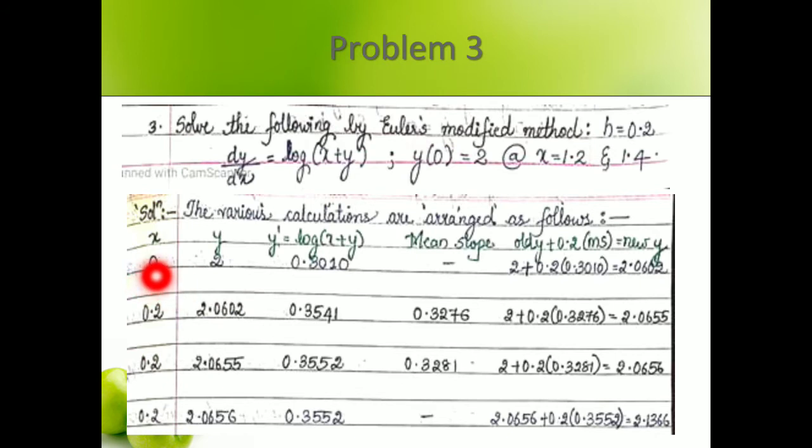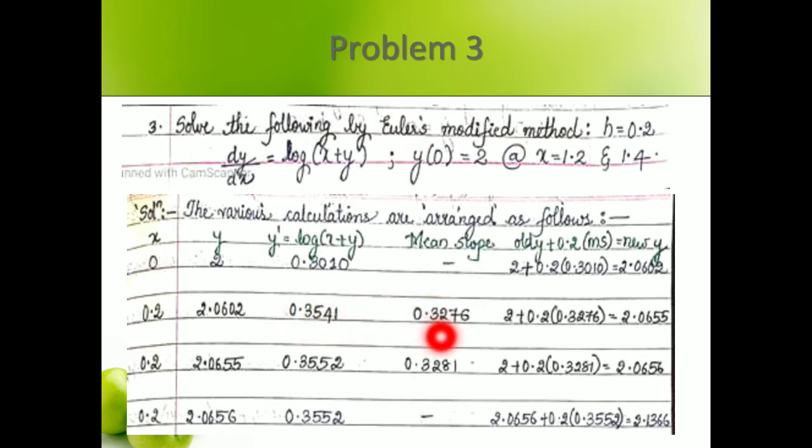So when x is 0, y is 2. Y dash we have to find by substituting in log of x plus y. There will be initially no mean slope, so directly you will get new y value to be 2.0602. X value is 0.2, y value is 2.0602. Y dash will be 0.3541.